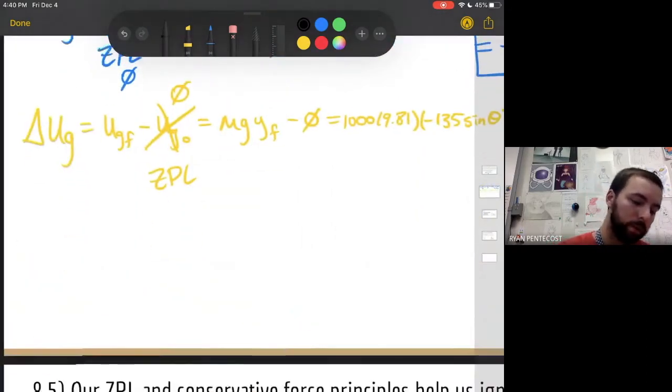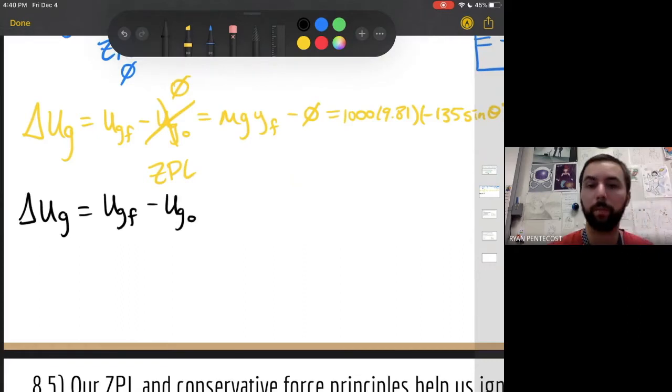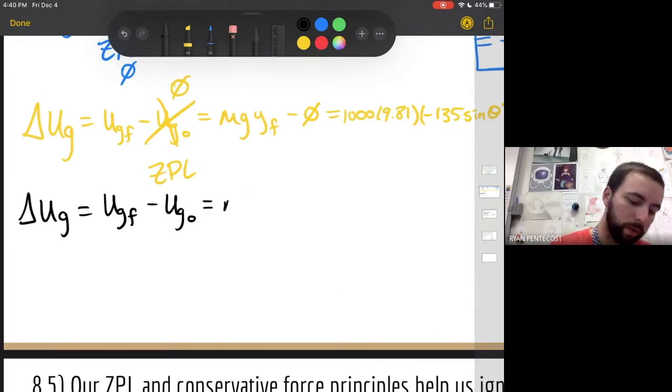So our ZPL is at 40 meters. We have delta UG is UGF minus UG naught. The ZPL is between the two, so we can't cancel any of those out and call them zero. So we have mg y final minus mg y naught. Let's simplify this: mg times y final minus y naught.